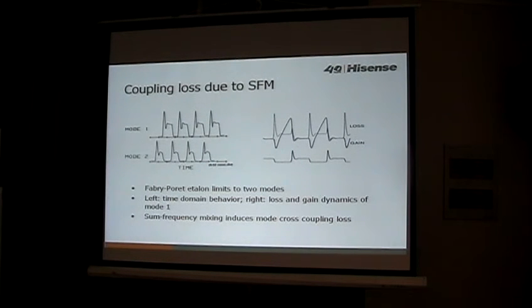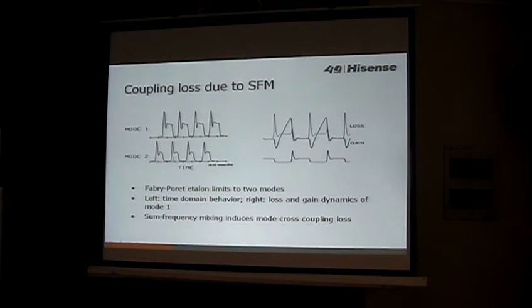What we hope for is second harmonic generation, just the frequency doubling. What we actually get is, besides the frequency doubling, also the sum frequency mixing between frequency 1 and frequency 2. Because of this sum frequency mixing, mode 1 and mode 2 are coupled with each other.